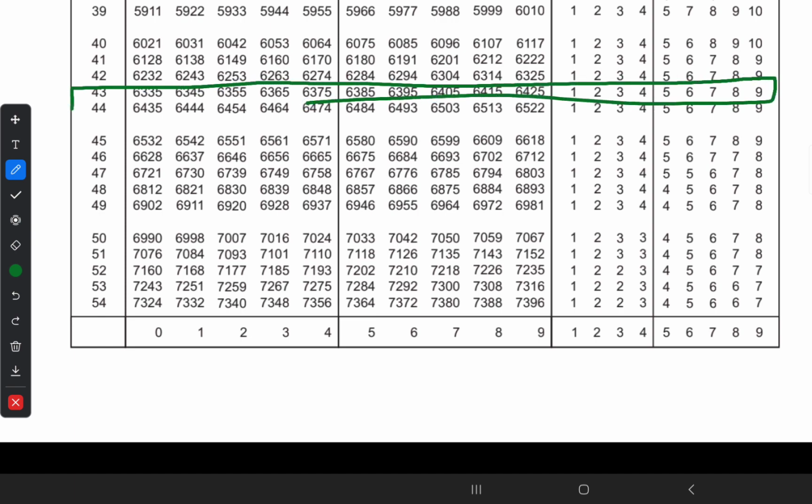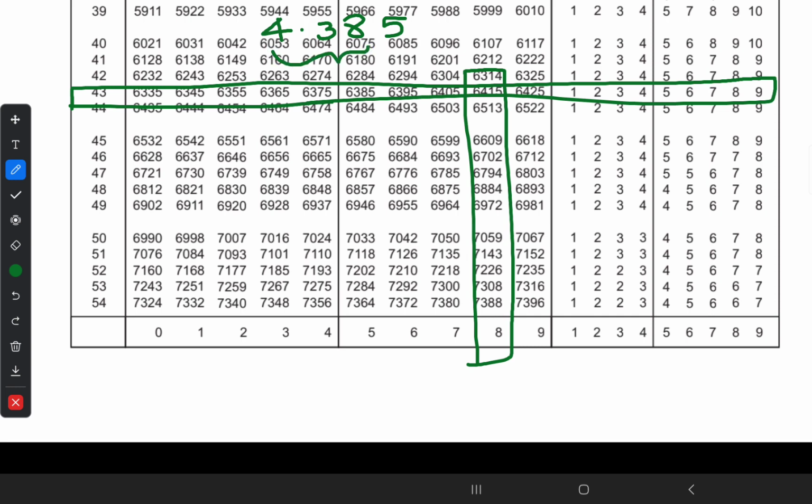Okay, this is our 43rd row in this 8th column. It is 4.385. So first two numbers are indicating the row number. Third value will indicate your column number, 8th one. So both are intersected at the place 6415. So these three will give you 6415. Okay, I'll repeat it again.